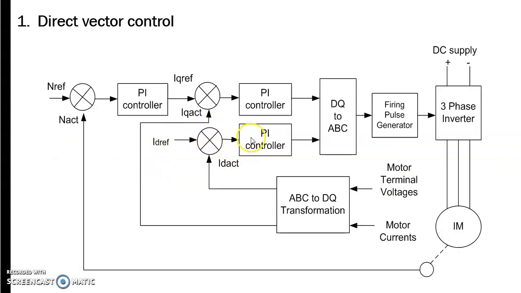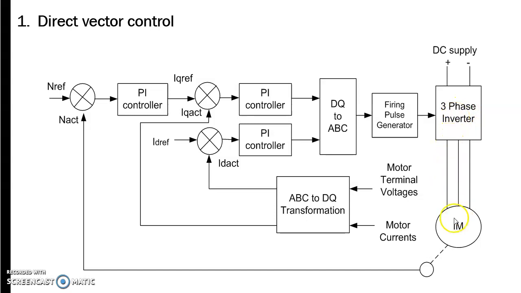Then, the motor current is converted into DQ. The Q component is this one. The D component is the actual value of the direct axis component, that is the flux producing component. It is compared with the reference value of the flux producing component and controlled by this PI controller. These two control commands are converted into ABC, and this ABC is used for generating the pulses for the inverter.